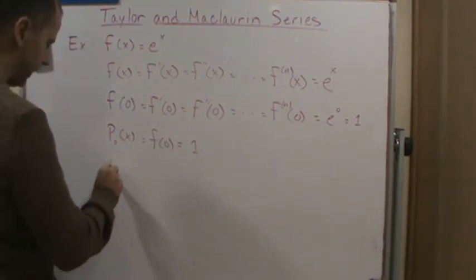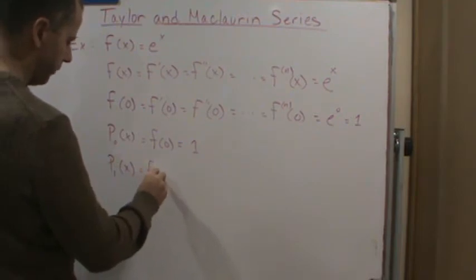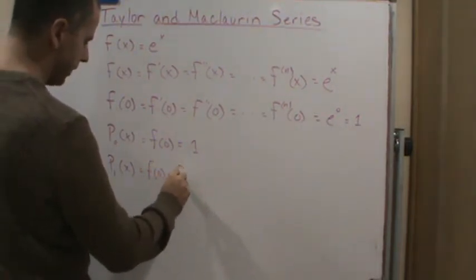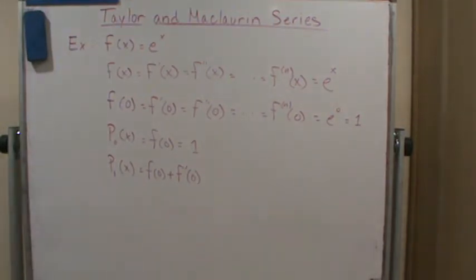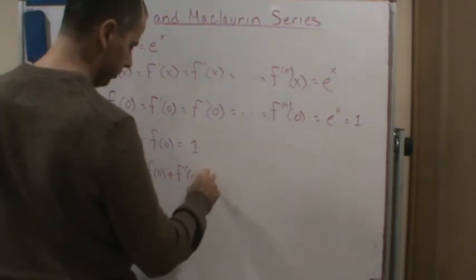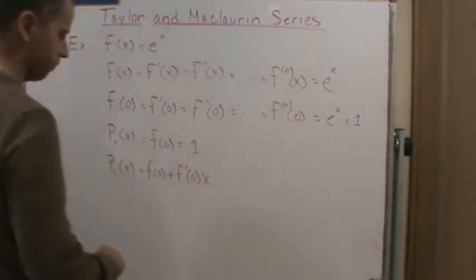And then P1 of x equals f of 0 plus f prime of 0 times x minus 0, which is just x.